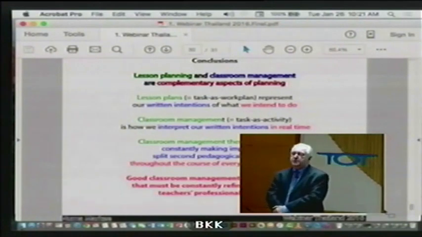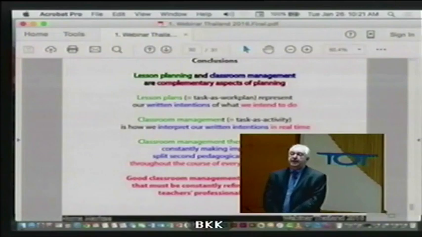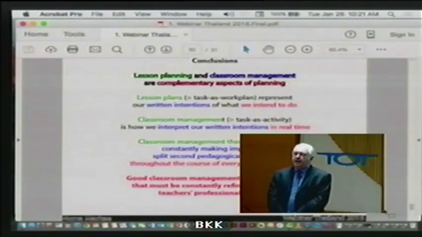So classroom management is essentially about making on-the-spot decisions about how to deal with various kinds of classroom problems that occur spontaneously. All right? So the examples that I showed you today had to do with how a teacher, in this case me, deals with the late arrivals of students.